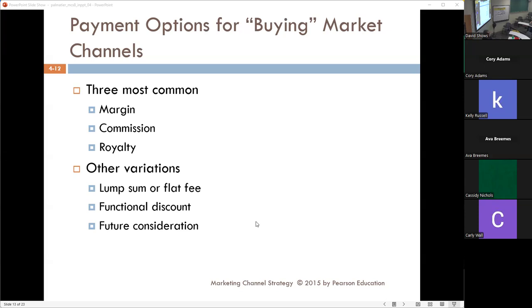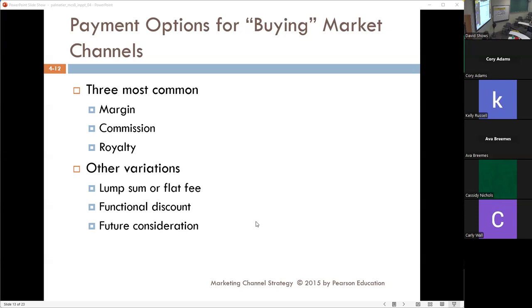The difficulty with functional discounts is that when you start marking everything up for expenses, it can get kind of expensive. In other words, the functional discount means I'm only paying for functions. However, you can have bill padding, and that can be a difficulty.